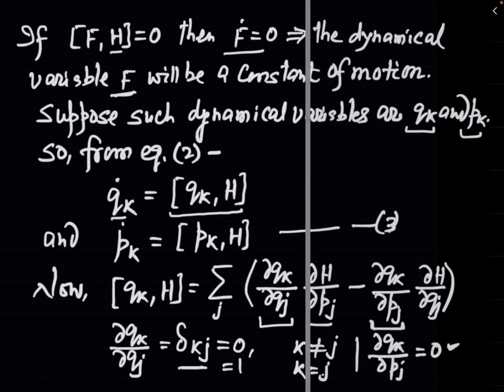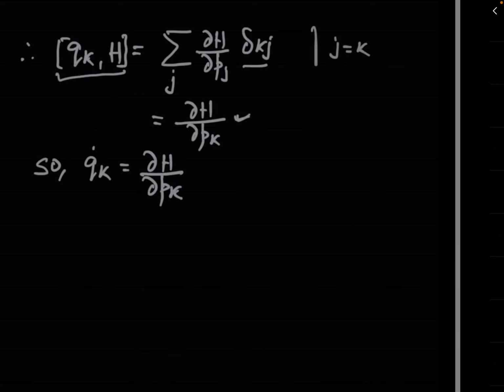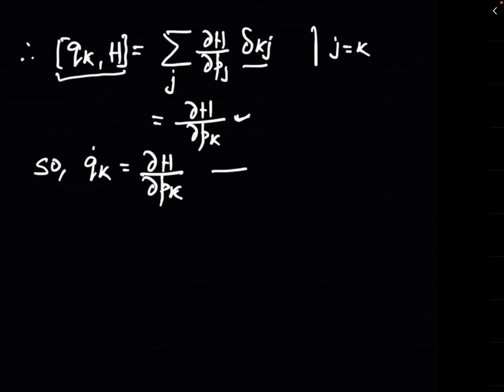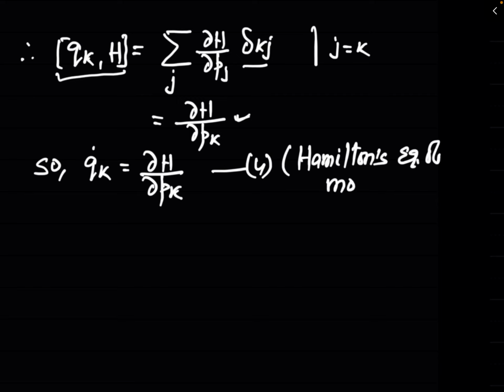This is simply Hamilton's equation of motion, one of the Hamilton's canonical equations. So in this way we can write the equation of motion in terms of Poisson bracket.